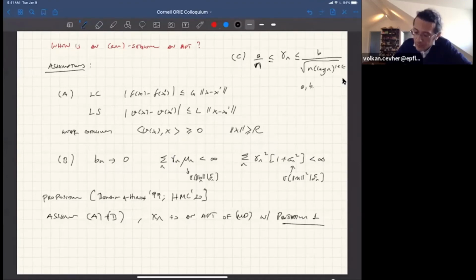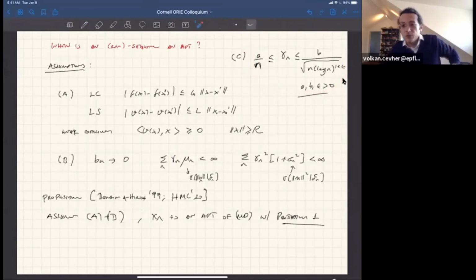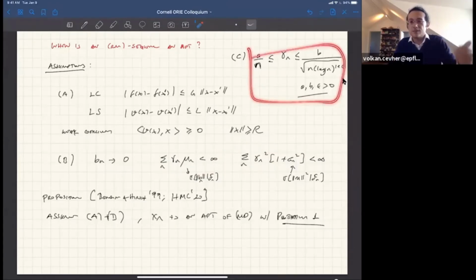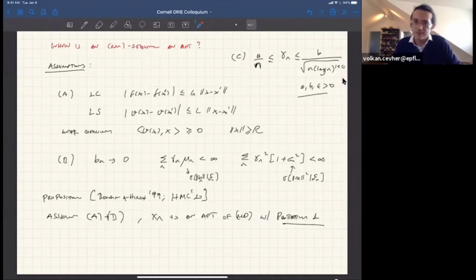This condition is a bit more interpretable than having these sequences. Satisfying those is difficult to see in practice, but we boiled it down to a step size condition that kind of makes sense.